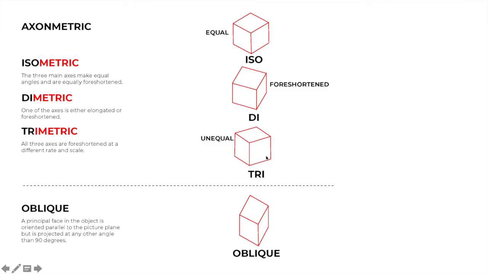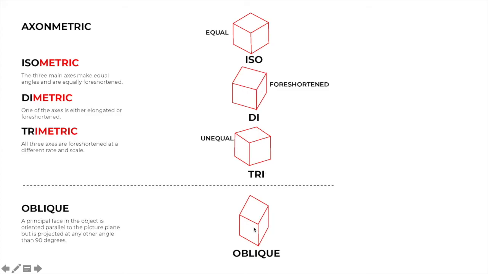I can't recall doing a trimetric drawing recently, but this unequal foreshortening is useful if you were definitely favoring one side of the structure versus the other two sides. You can see the top plane is quite foreshortened, so it would favor these two sides of the construct versus dimetric, which still feels like we're looking down at it.